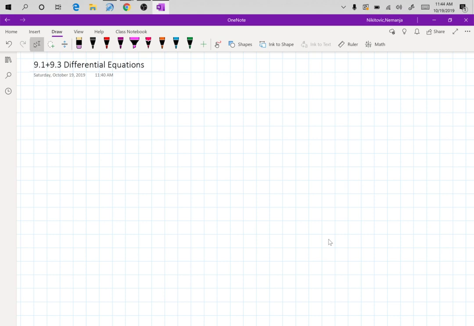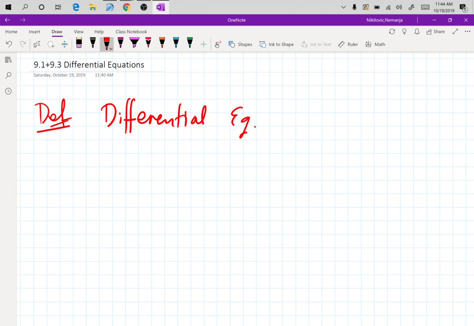So we are going to start with the definition of a differential equation, which will say a differential equation contains a function, not function.